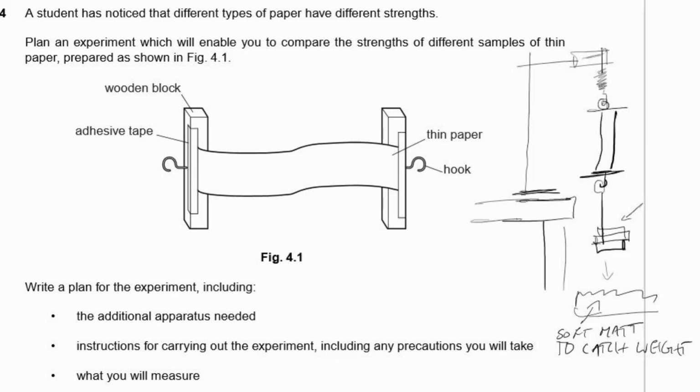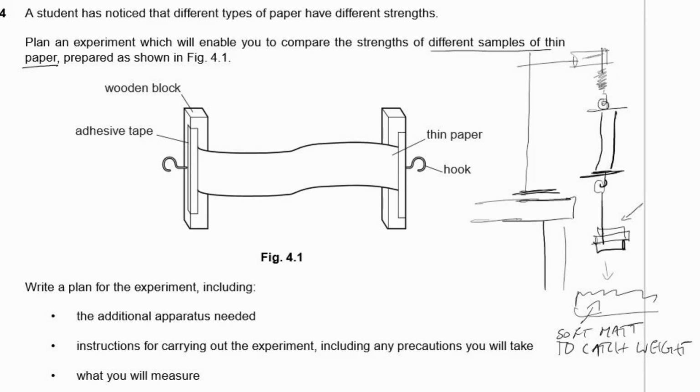For example, here it's asking us to compare the strengths of different samples of thin paper. So it seems as though what they're asking us to do is find out the strengths of the different types of paper. But that doesn't mean that we then have to do ranges of the widths of the paper.